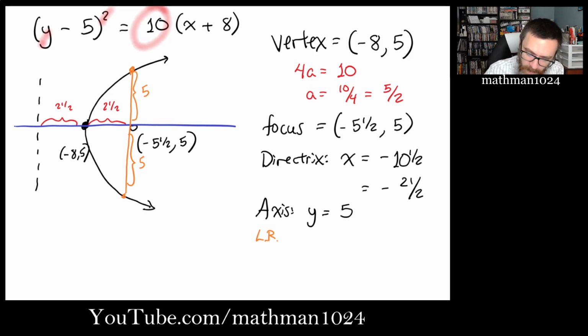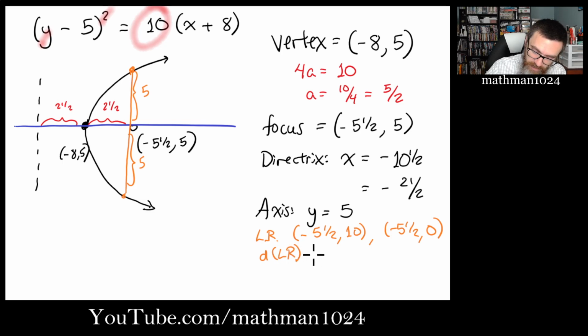We'll come back to that. Key points for the latus rectum will be x is still -5.5, but we're going to go up 5, so it's going to become 10 for the y. And then we go down 5, which makes that 0. And of course, the length of the latus rectum is the same thing that you see right here. It's just going to be 10.